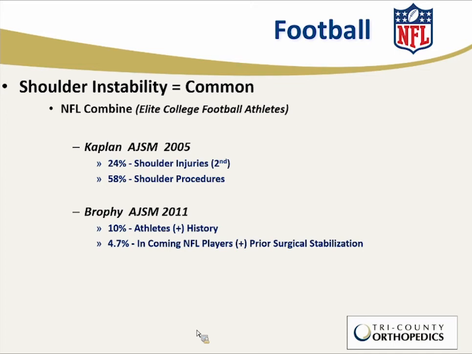Looking at another Combine analysis by Rob Brophy, about 10% of all athletes within the Combine do have a history of some sort of instability event, procedure, or intervention. And if you look at the NFL, those that are taken on a team, drafted or free agents, incoming players, almost 5% have had prior surgical procedures.